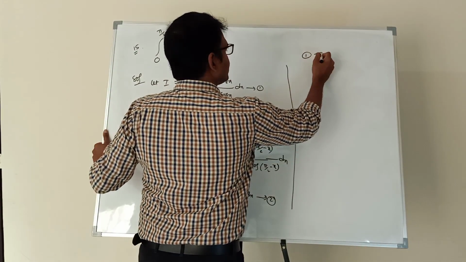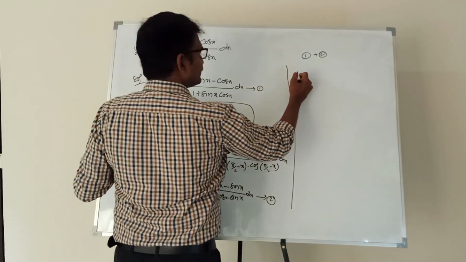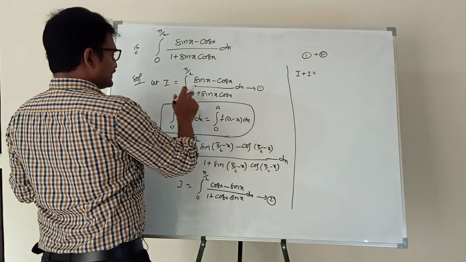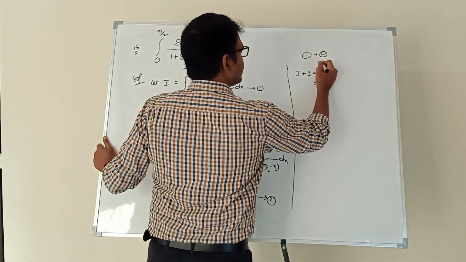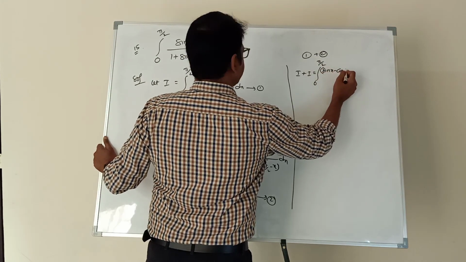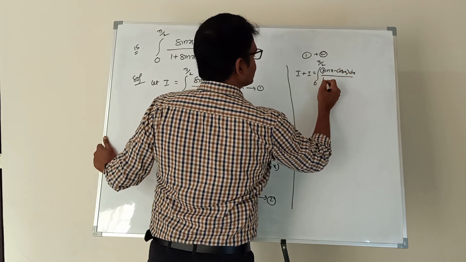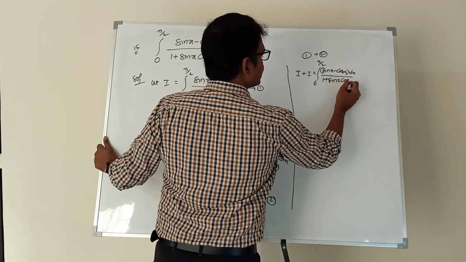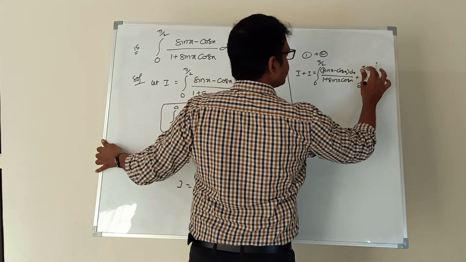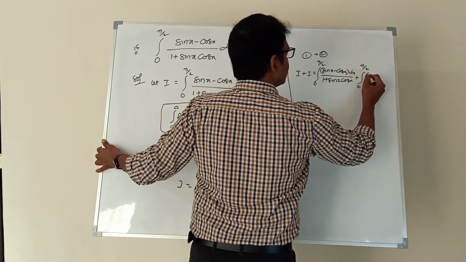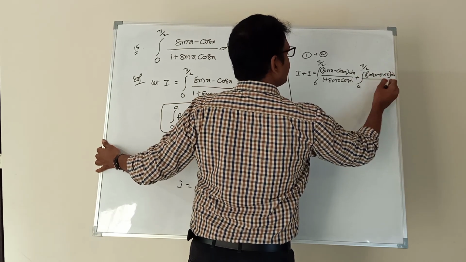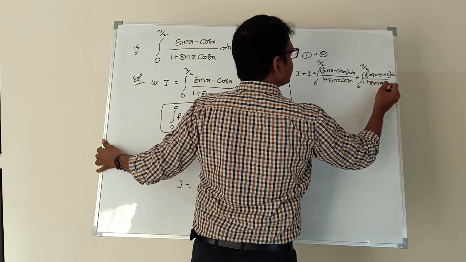Add 1 plus 2. What is equation number 1? I. Equation number 2 is also I. So I plus I, left hand side, is equal to, what is the right hand side? Integral from 0 to pi by 2 of sin x minus cos x dx by 1 plus sin x into cos x, plus integral from 0 to pi by 2 of cos x minus sin x dx by 1 plus sin x into cos x.